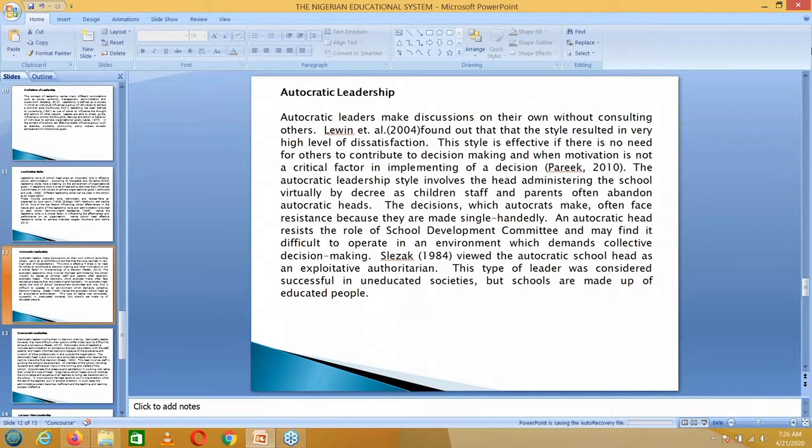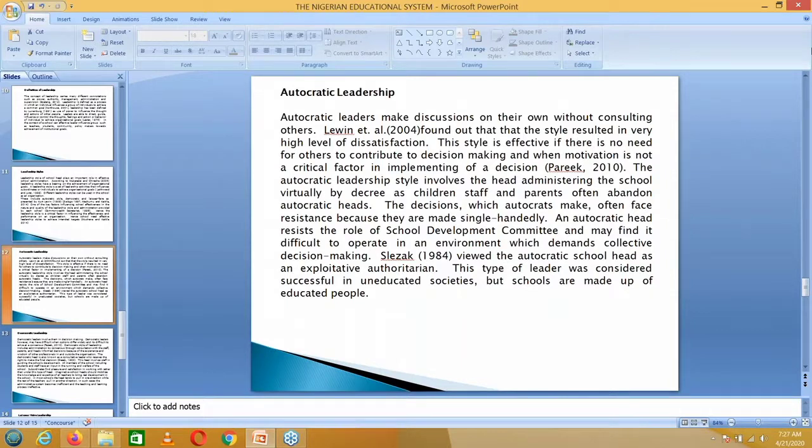Now, the autocratic leadership style can fail when the staff and the students are not motivated. The head of the school can just come up with any decision without consulting others.